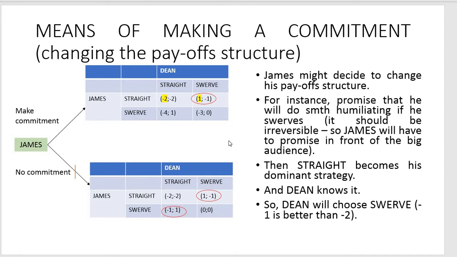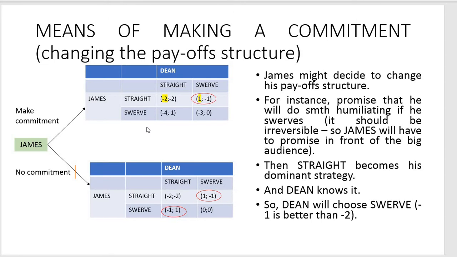So probably James has to make this promise in front of a large audience, just to make this irreversible. Because if this is just a private commitment between James and Dean, Dean has no guarantee that James is actually going to do this unpleasant and humiliating action.